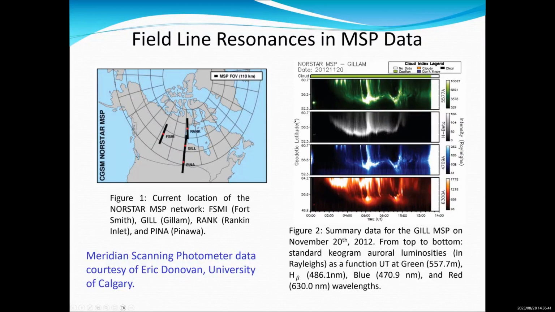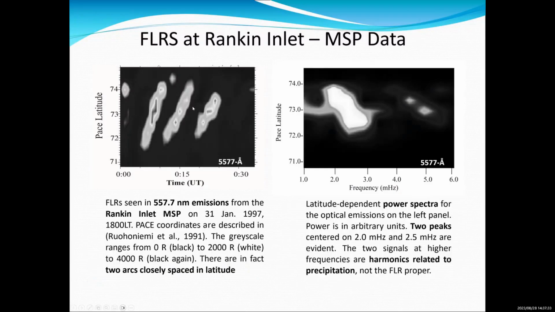5577 is produced by higher energy electrons, several keV, but 6300 is predominant. Here's an example. I showed something like this earlier, but it was obtained from an all-sky camera.